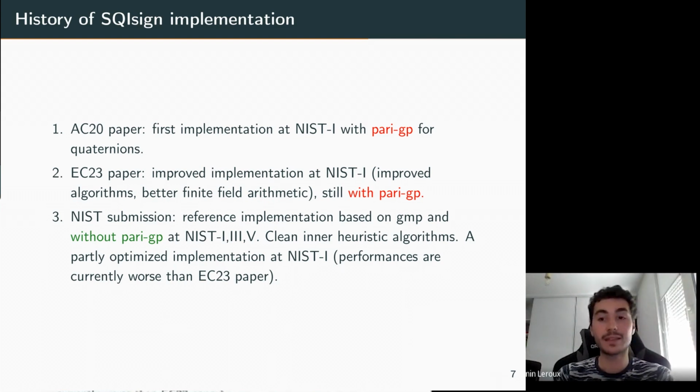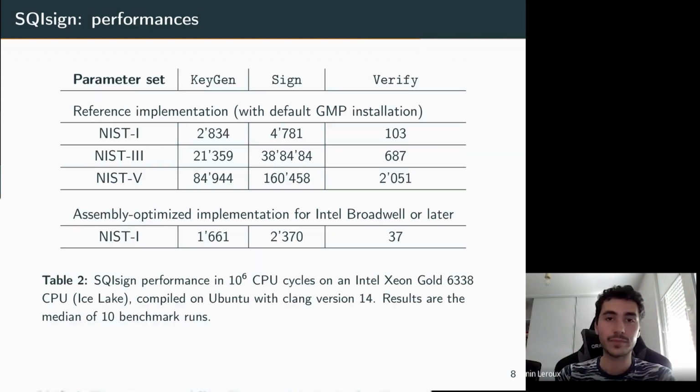And the performances are currently worse than the EuroCrypt 23 paper, but obviously we are working to improve that, and in the end, we are pretty confident that we are going to be able to beat that eventually.